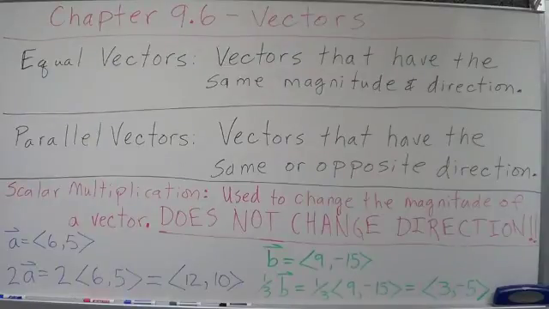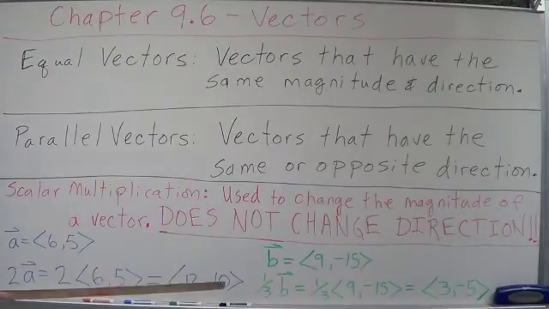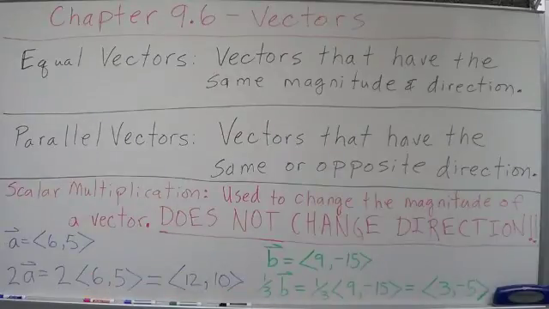Then what we've done is we've basically taken that vector and reduced it to a third of what it was, so it would be about 5.8 miles per hour. So this would be the use of scalar multiplication in order to reduce the magnitude of a vector. This would be scalar multiplication used to increase it.